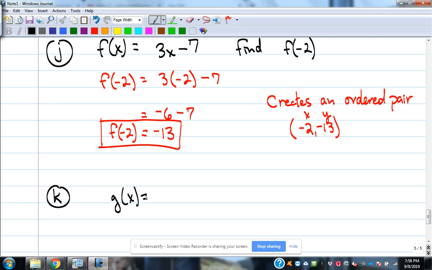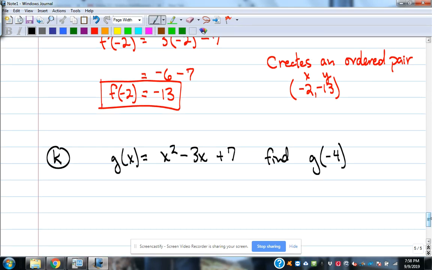Let's do g of x is equal to x squared minus 3x plus 7. And we want to find g of -4. What do we do with the -4? Yeah, put it in everywhere there's an x, put a -4. So this is just like evaluating expressions, just in the context of function notation.